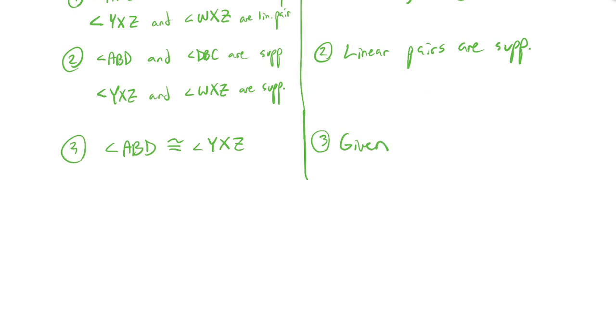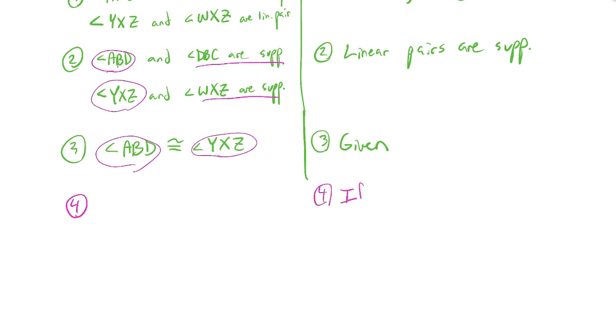And now look at this. I know that ABD and YXZ are the same, and we have an angle supplementary to each. We have a theorem that states if two angles are supplementary to the same angle or congruent angles, then they're congruent to one another.